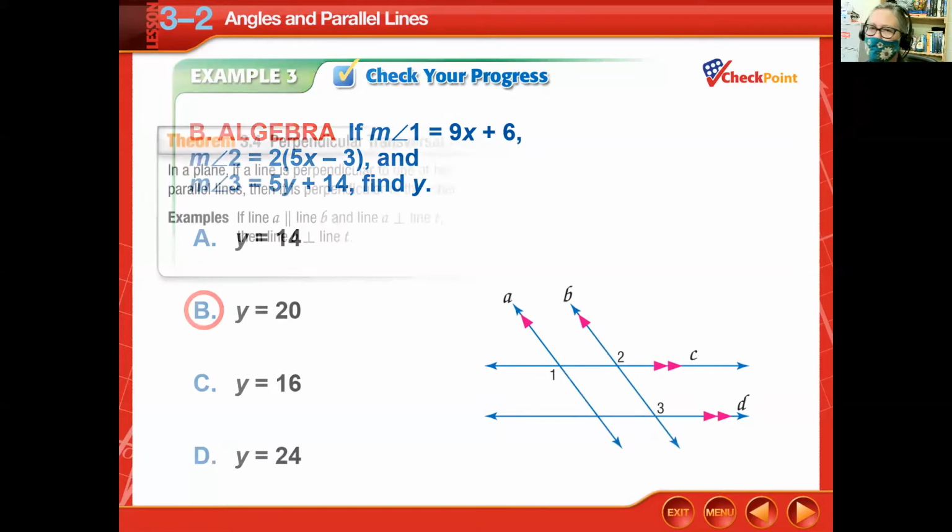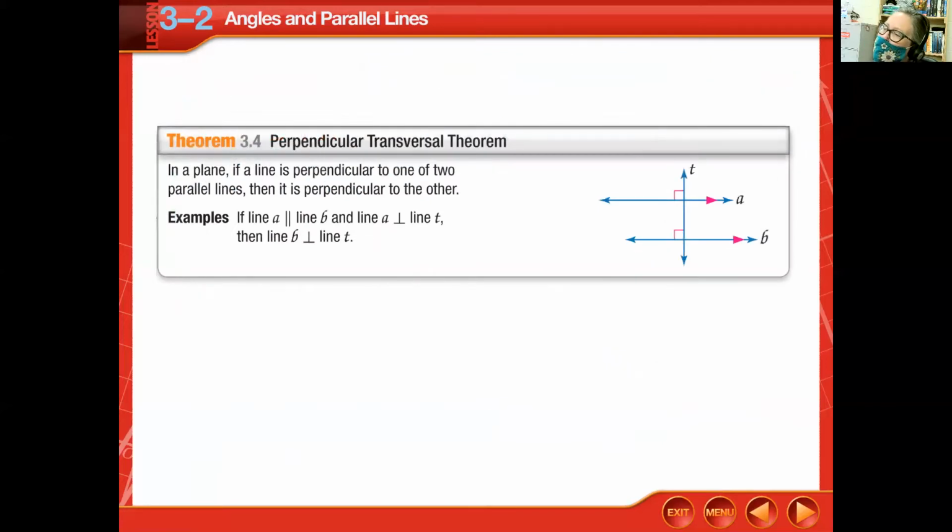Alrighty. And there's this one other theorem that it makes sense that it would be true, but sometimes it might come in handy. And it says that if you have a plane that has a line, like let's say line A is perpendicular to line T. This little symbol right here says right angle, 90 degrees.